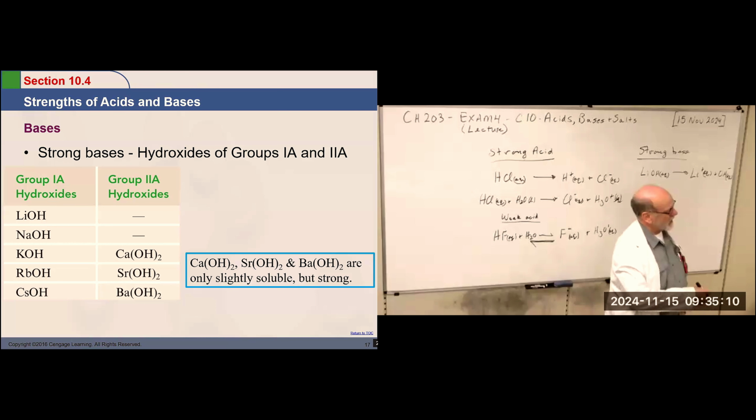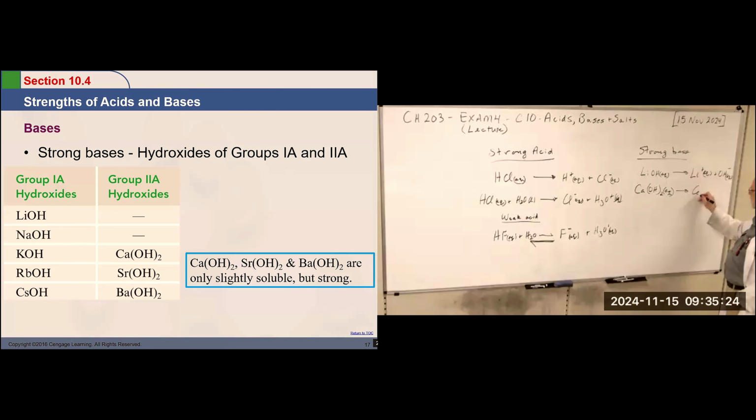When we get to the alkaline earths, calcium hydroxide, for instance, will completely dissociate like that.